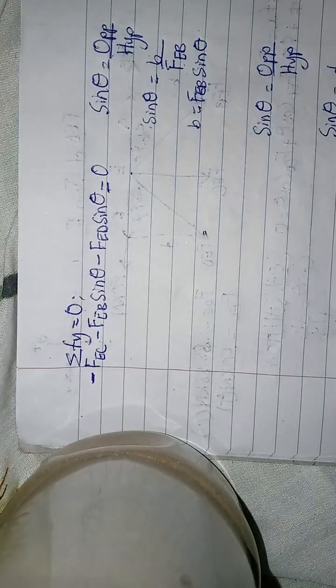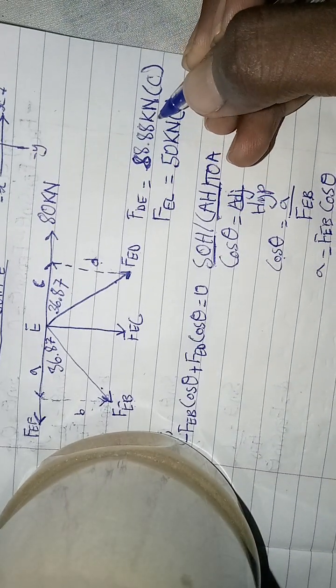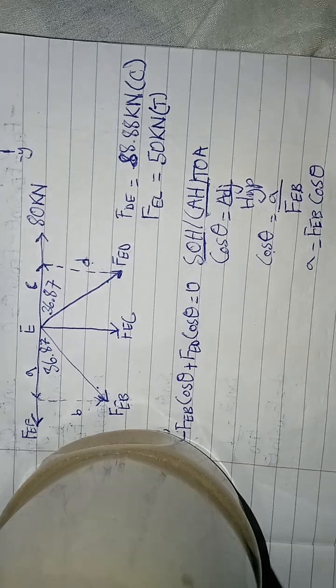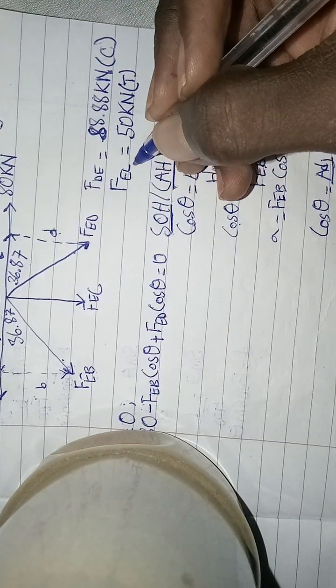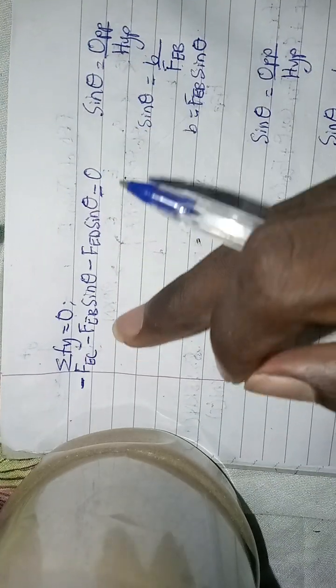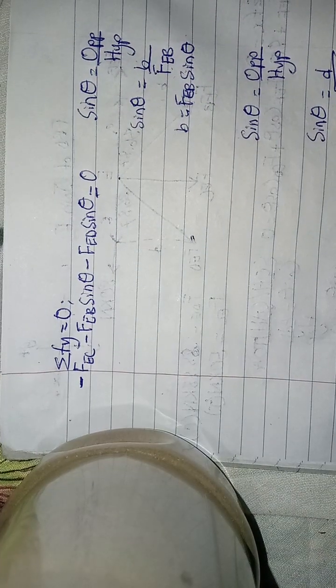From here we know force ED to be negative 88.88, and we know force EC to be 50. So we can substitute them into the equation to solve for force EB.